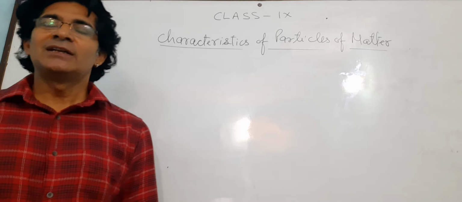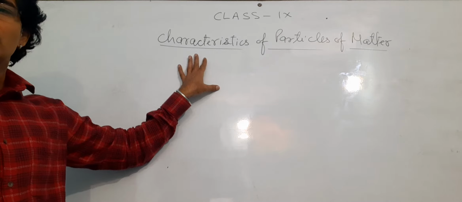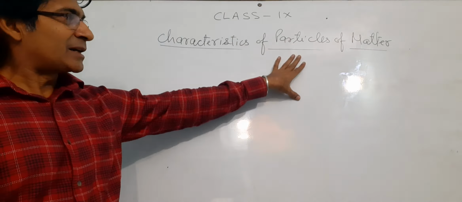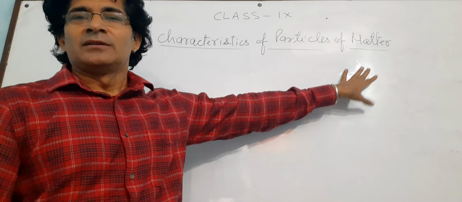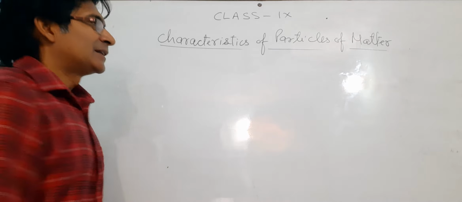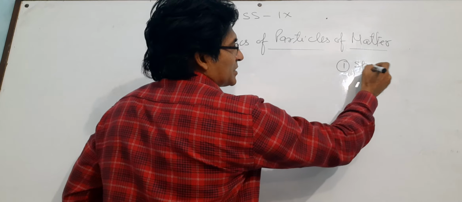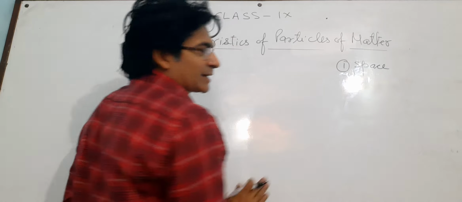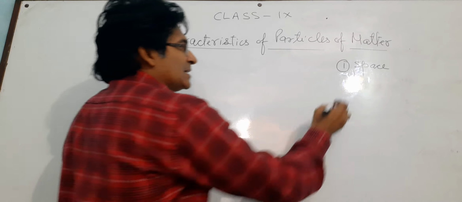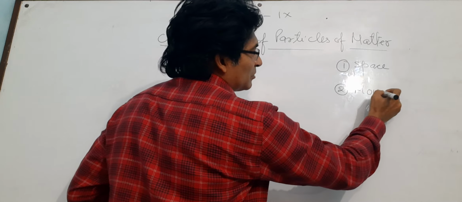And today we will discuss the characteristics of particles of matter, in which we will take 4 points. They are: first is the space between the particles. Second point is the particles move.